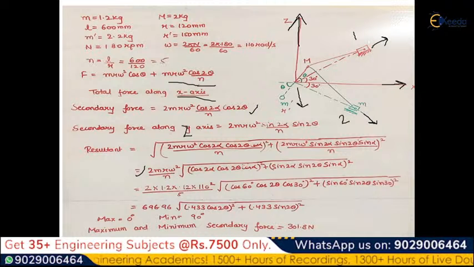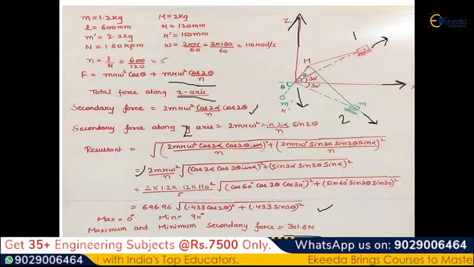We know alpha, and we know the mass of the rotating parts and the mass of the reciprocating parts. We get this equation, and this gives us the maximum. Whether you place theta as 0 degree or 90 degree, we find that the maximum and minimum secondary force remain the same.